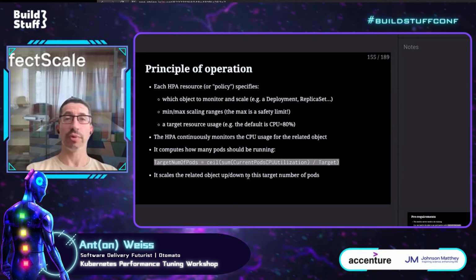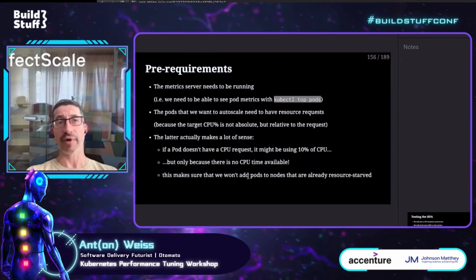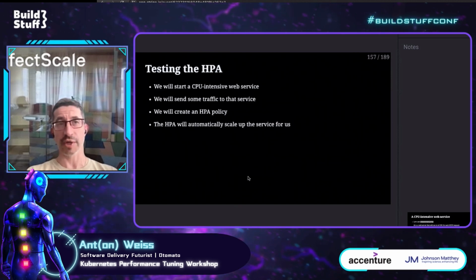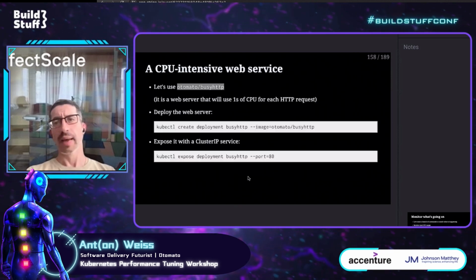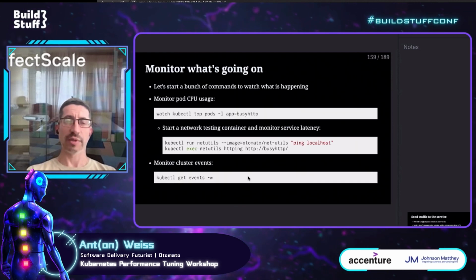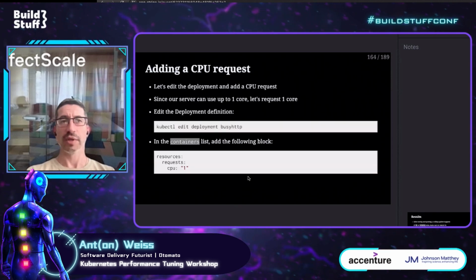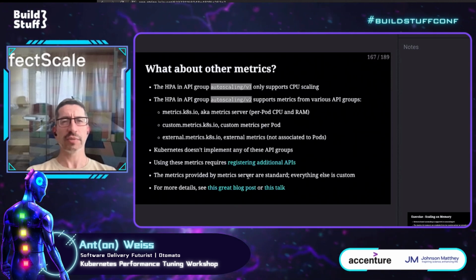It can work on CPU, it can work on memory, it can also work on custom metrics that we're defining, even though that's harder to set up. Here in the slides, we have some examples on how to run HPA in action for CPU and memory. We'll definitely go through this if you're interested.